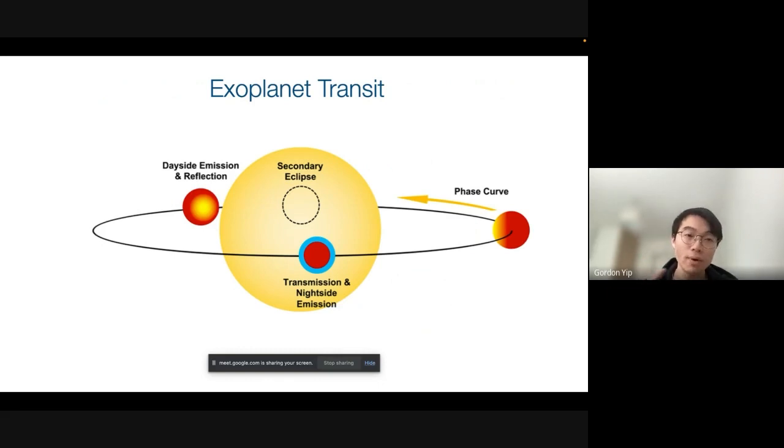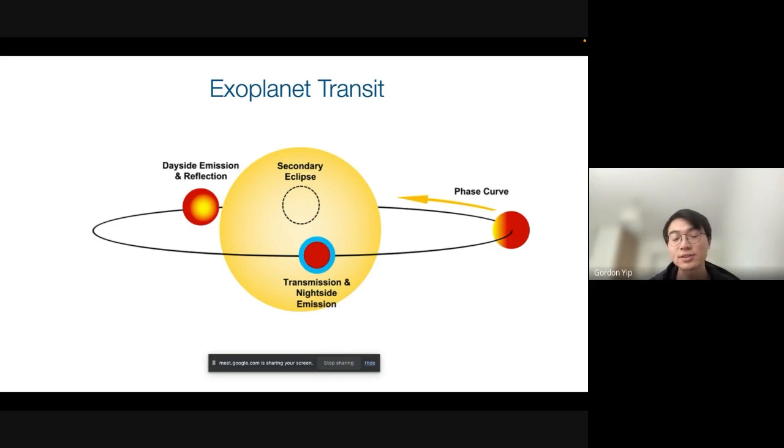As it orbits around the star, at some moment in time, it will come between us and the plane of the stellar disk, and that will block some of the starlight. From there, we can detect the presence of the planet. But if you observe that in different wavelengths, you can use this technique to detect the presence of molecules and various other effects happening in the atmosphere.